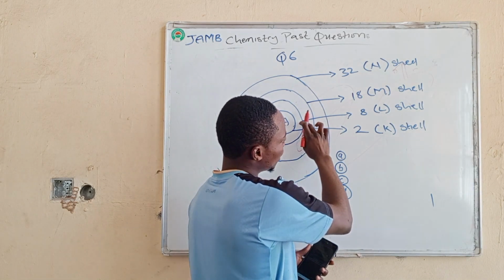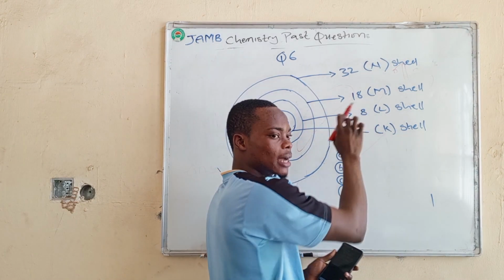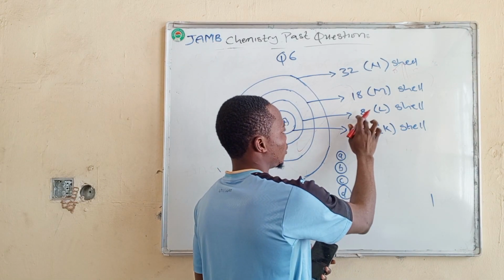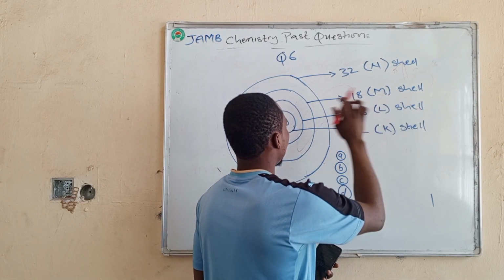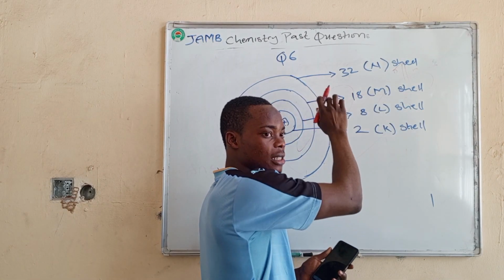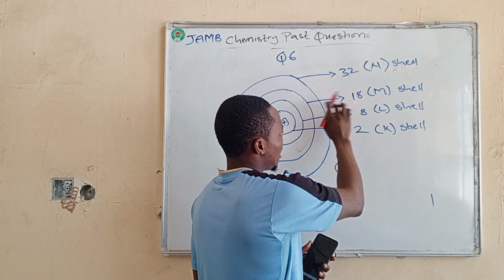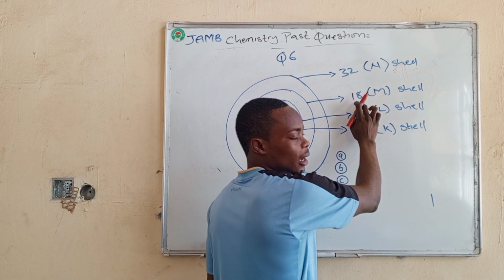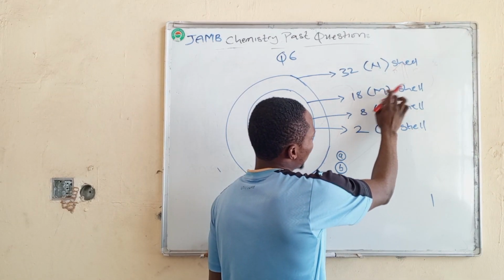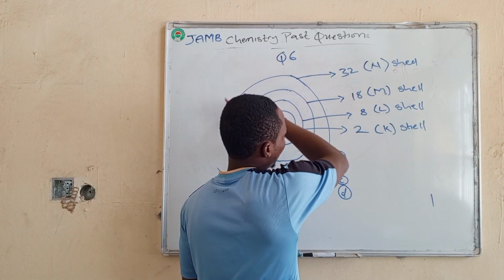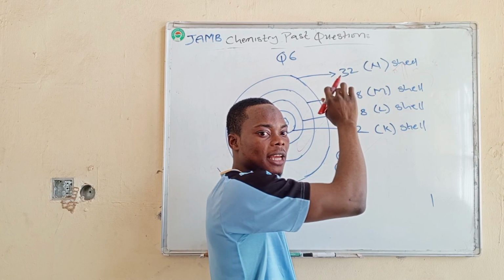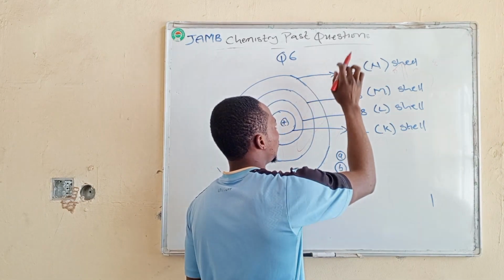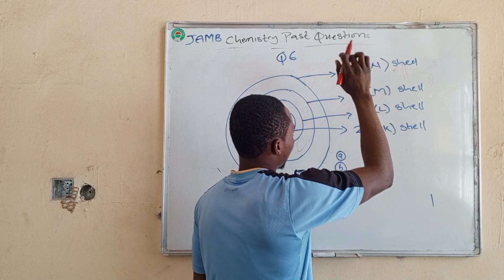The second energy level can accommodate a maximum of 8 electrons, which is the L shell. The third energy level can accommodate a maximum of 18 electrons, which is called the M shell. And the final, which is N, can accommodate a maximum of 32 electrons, which is called the N shell.